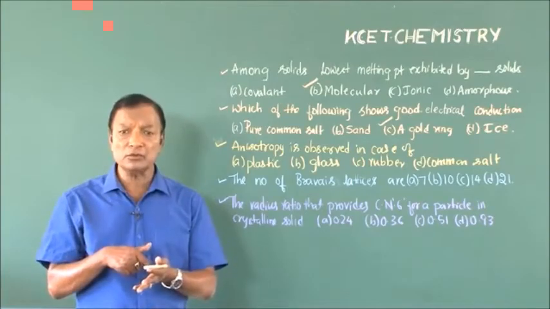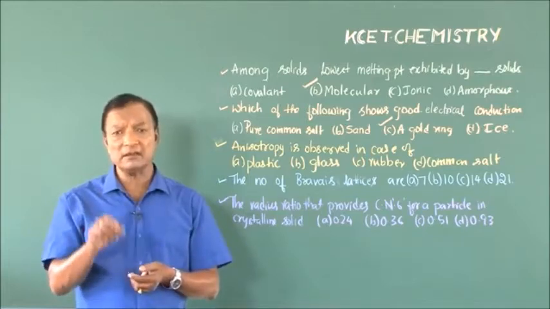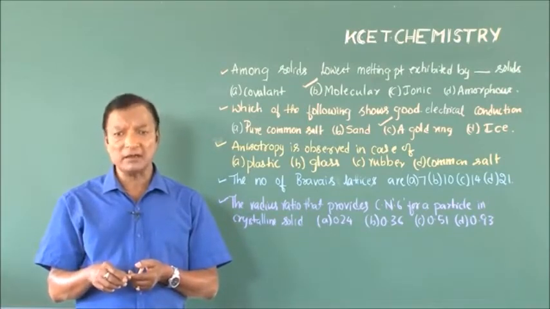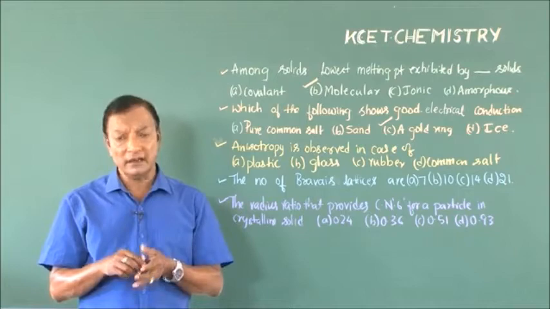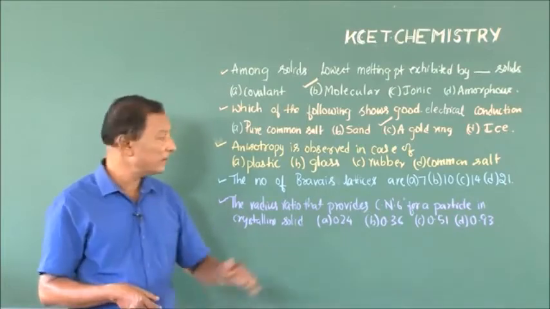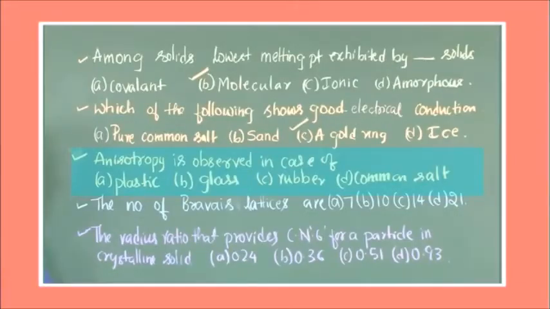That is due to the systematic arrangement of the particles in crystalline solids. And here the question goes as: anisotropy is observed in case of the four options: plastic, glass, rubber, and common salt.